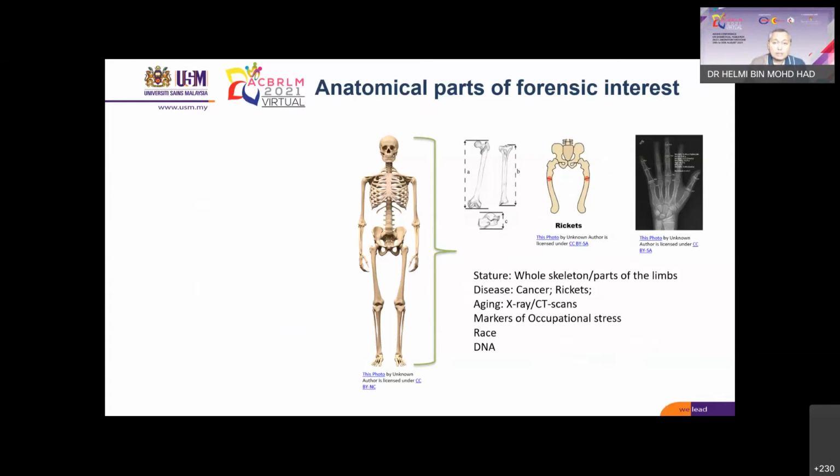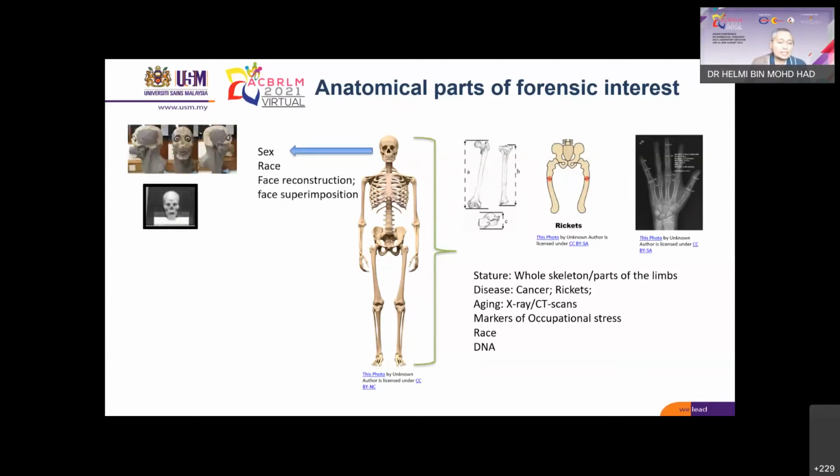You can x-ray bones to determine the age. And by looking at the bones, you can determine whether the person had a lot of stress in his lifetime. Stress will wear the bone and cause bone resorption in some places. Race and DNA as well can be known from the bone.